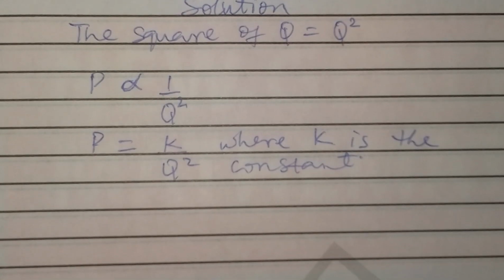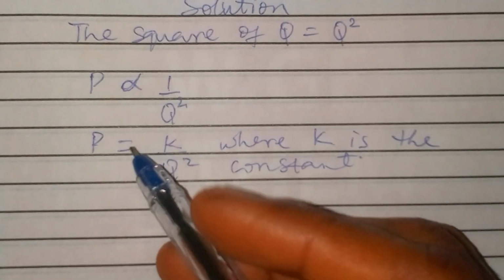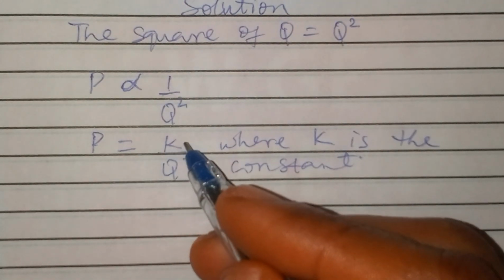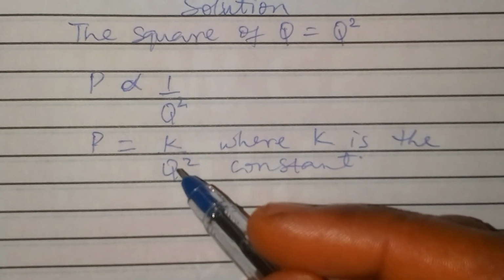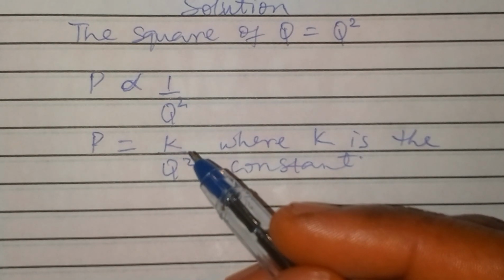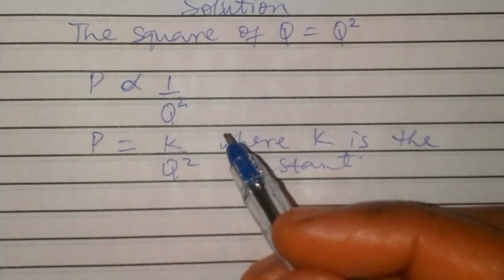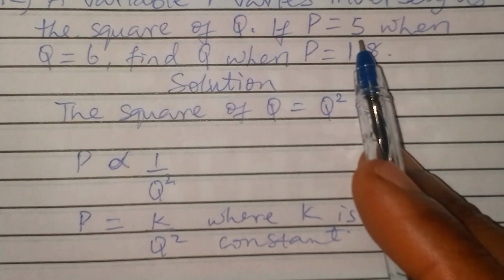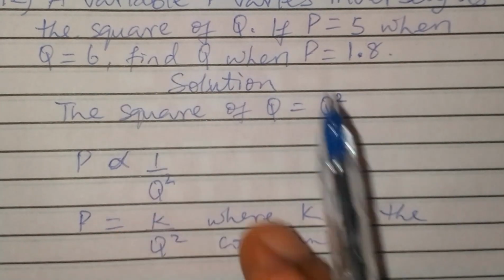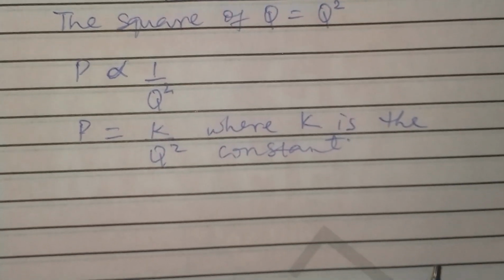Then we proceed. Having gotten p equal to k over q squared, we can then put the values that we were given, the first values. They gave us p equal to 5 and q equal to what? 6. So we put the values.